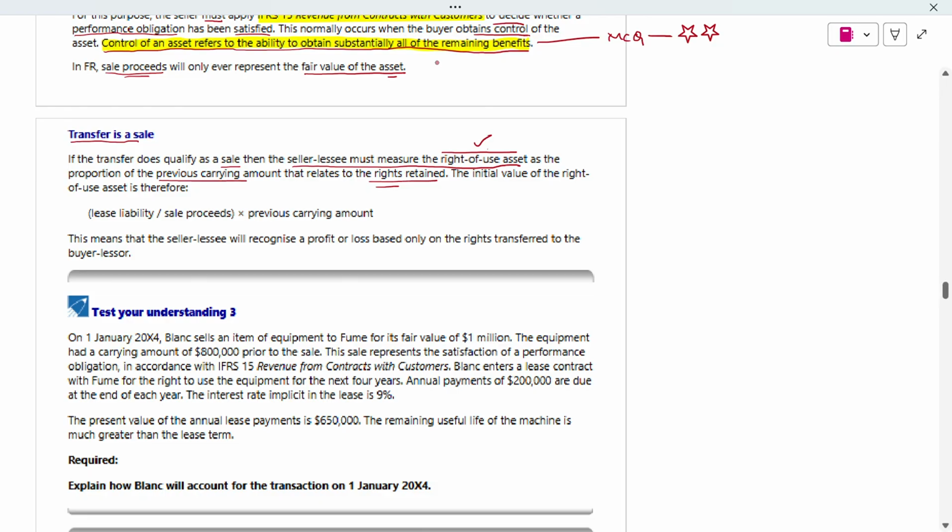Then it is going to be identified as a right of use of asset at the proportion of the previous carrying amount.